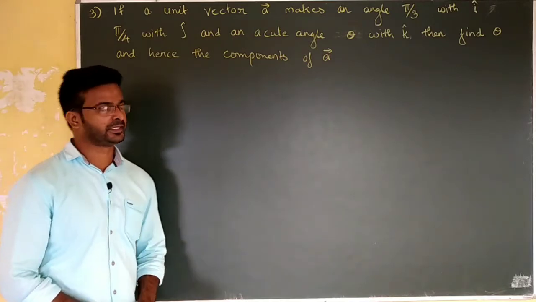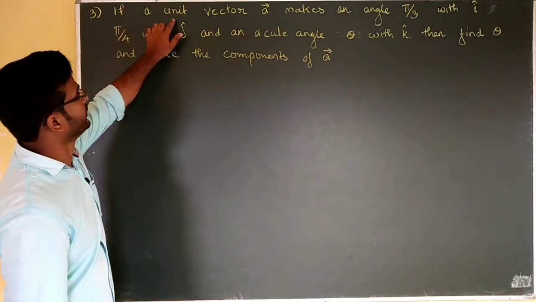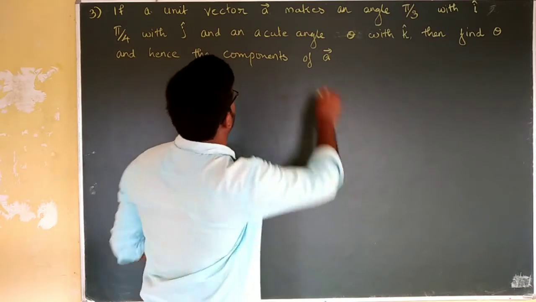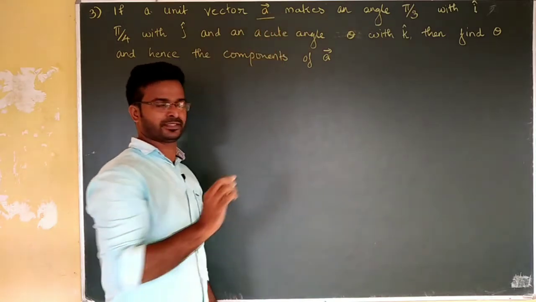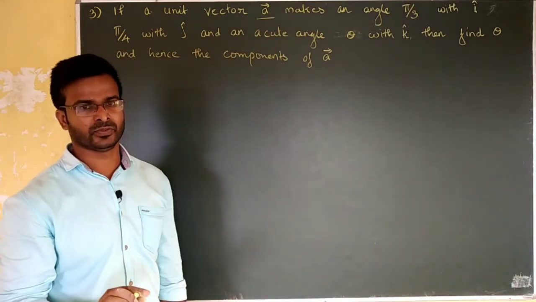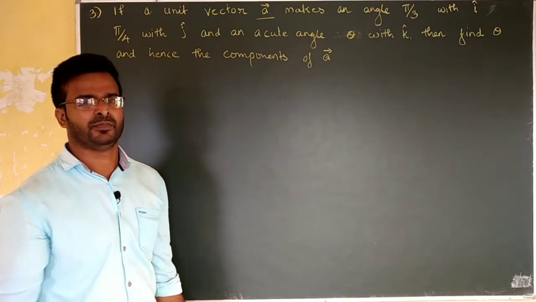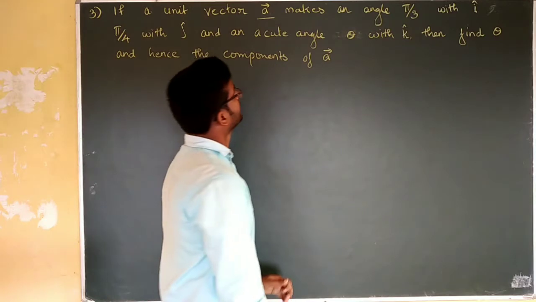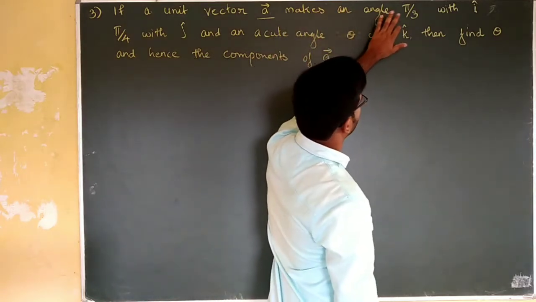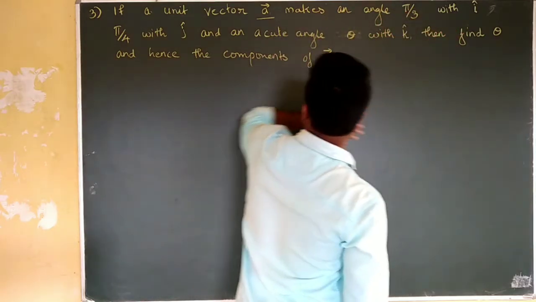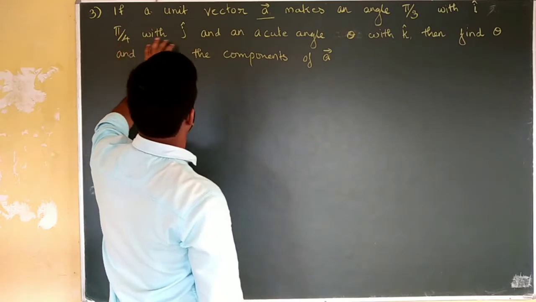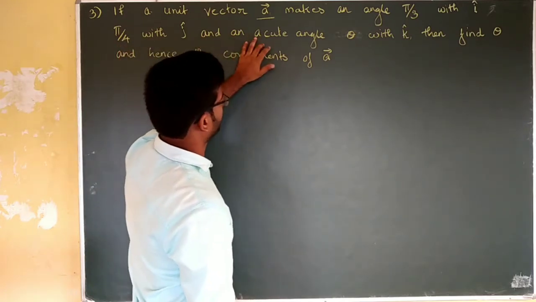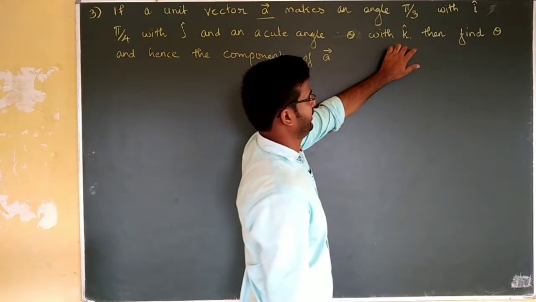Next question, question number 3. If a unit vector A vector, okay, in here one vector is given, A vector, that is a unit vector. Unit vector means the magnitude of A vector is 1 unit. It makes an angle pi by 3 with i, pi by 4 with j, and acute angle theta with k.